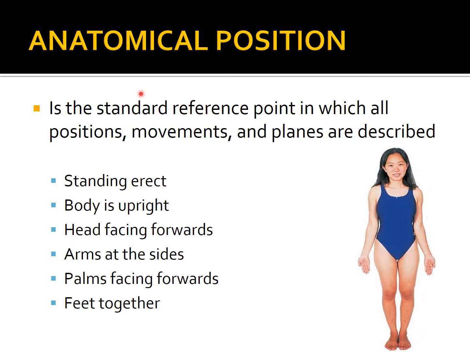We are able to stand, sometimes sit, sleep, sometimes run, and some persons do yoga. So the position varies. When a person sits it's different. So in order to make a standard reference point, we use what is called the anatomical position.